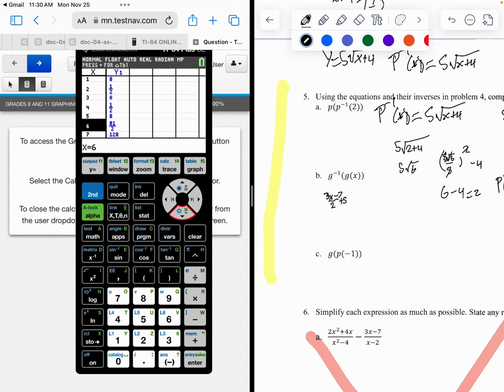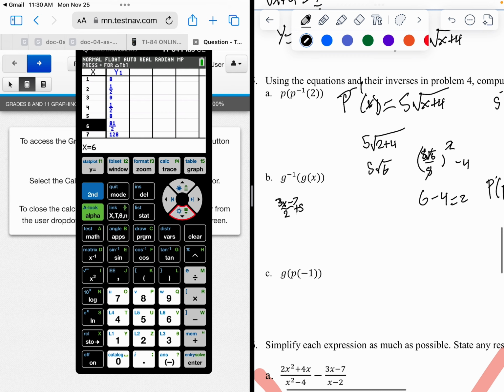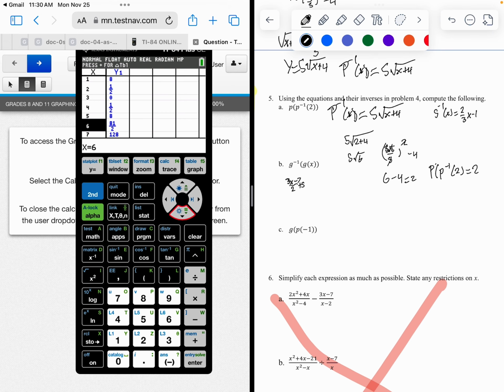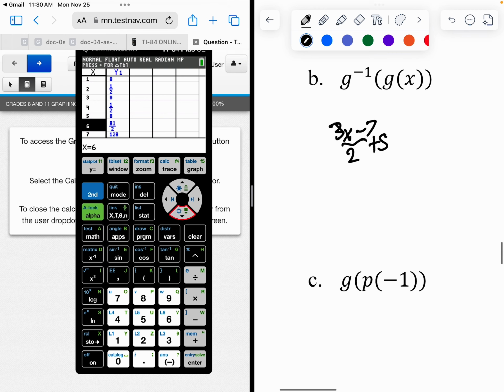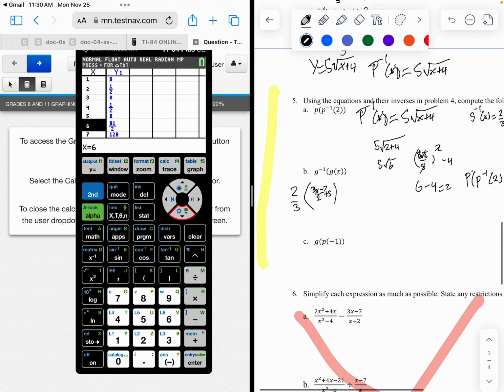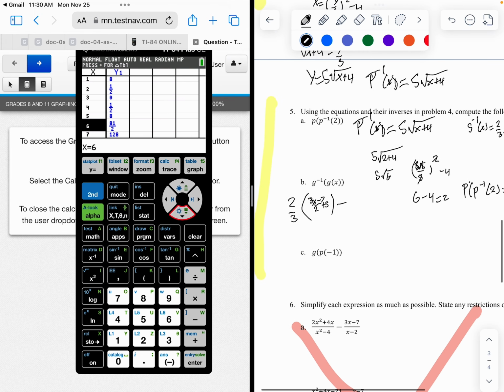Alright, now that's G of x. Now we're going to plug that into G inverse. Minus 1. Which equals G inverse of G of x.